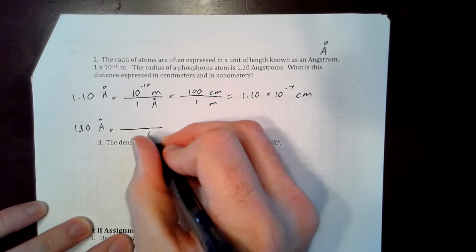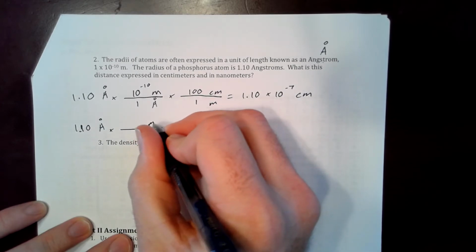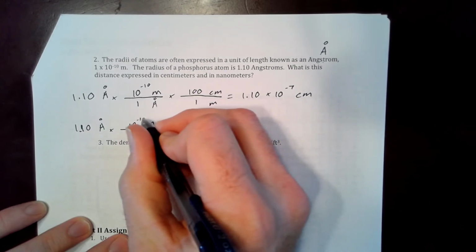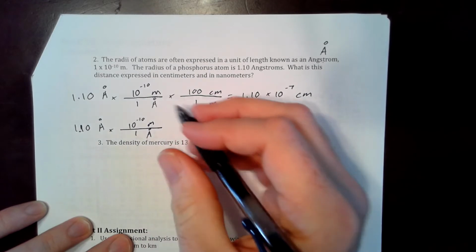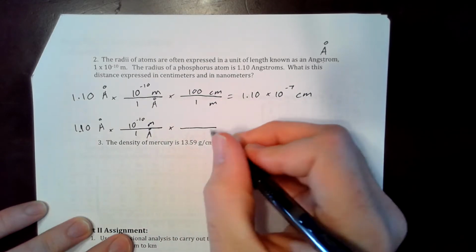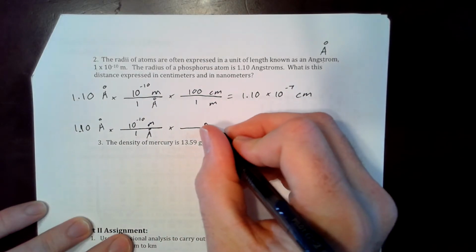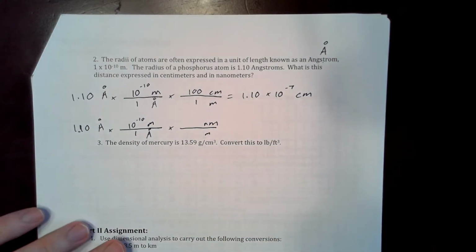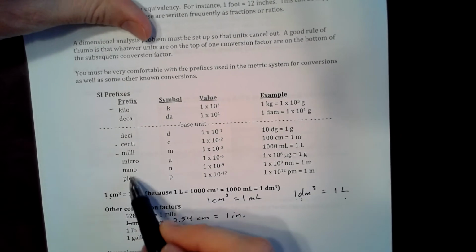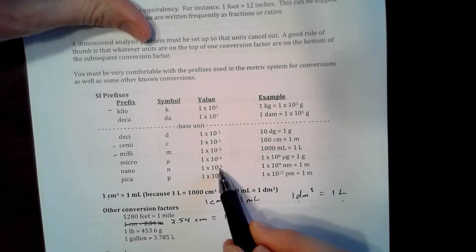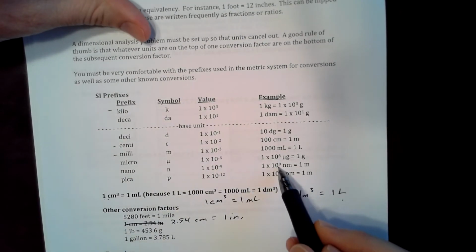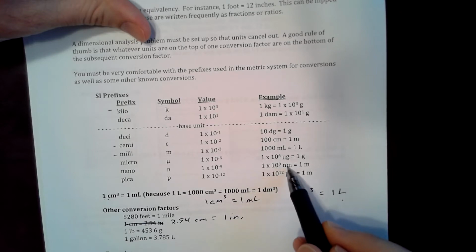Let's see about nanometers. Let's do kind of the same problem: 10 to the minus 10. And then let's change meters into nanometers. Well, let's take a look. Nanometers is right here. That's 10 to the minus 9. So 10 to the 9th nanometers is 1 meter.